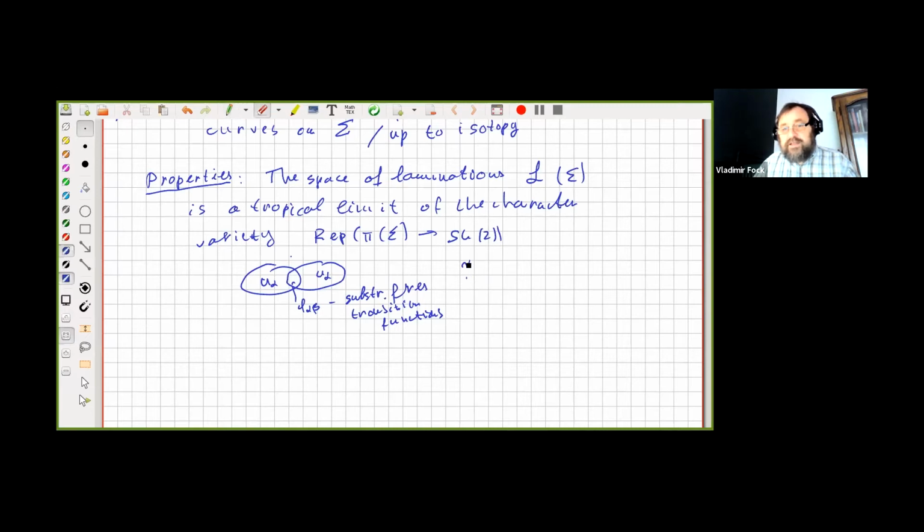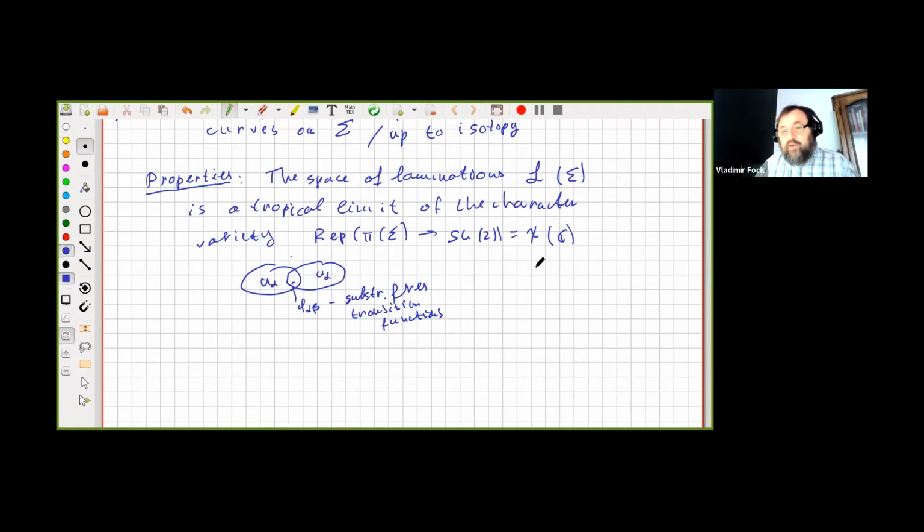So if you take this variety over complex numbers, this is just the origin, this representation space, the character variety.